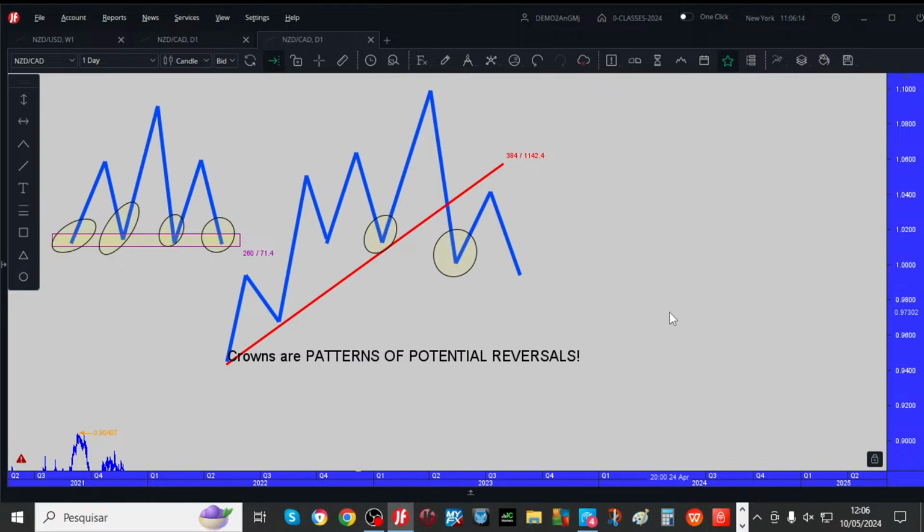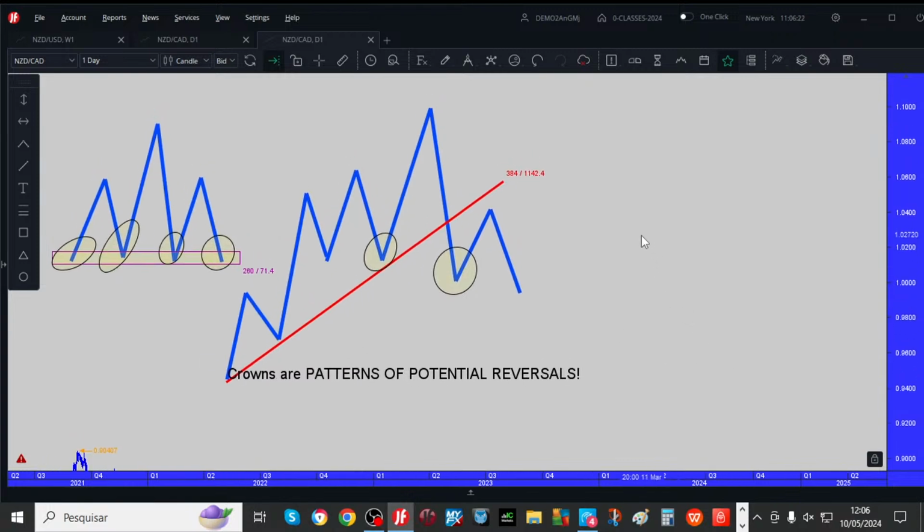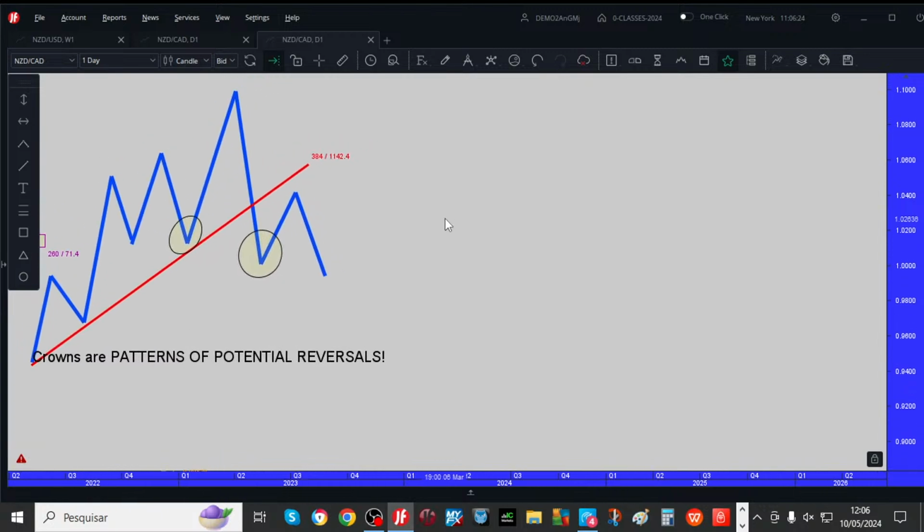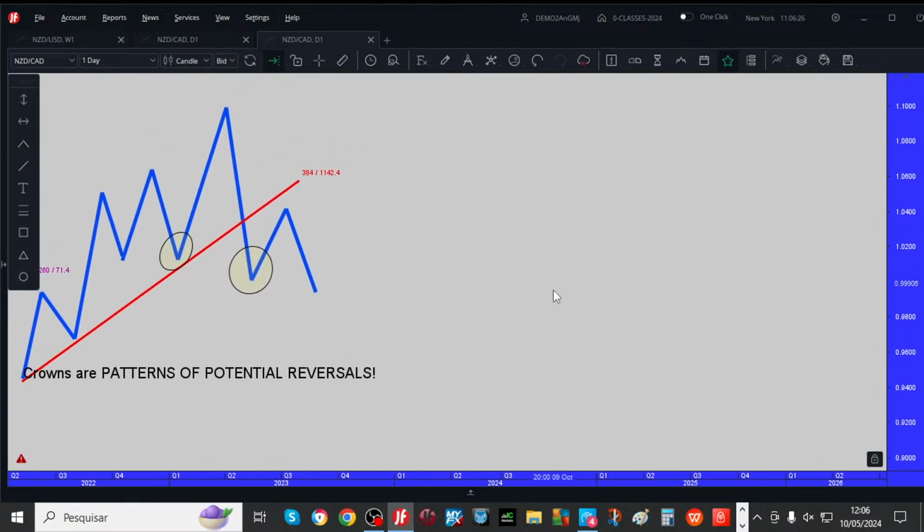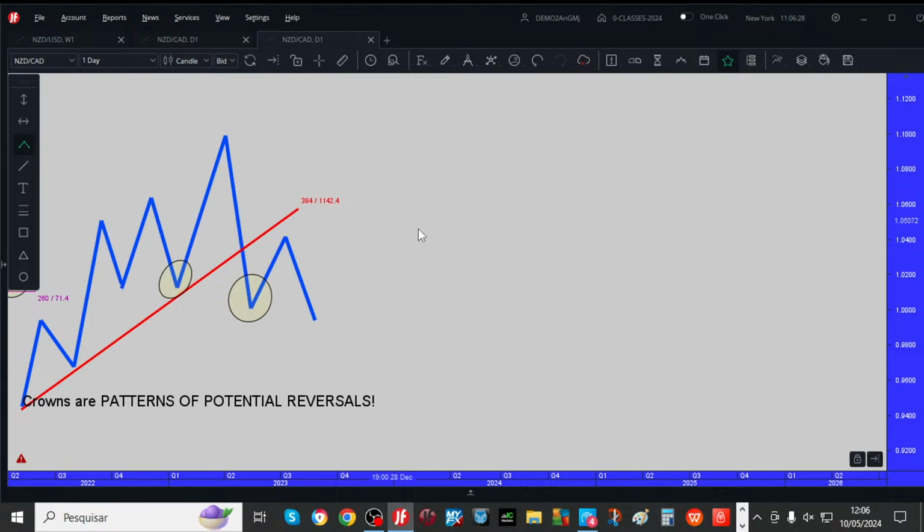All right, this is maybe the most important thing and the best thing you're going to learn about crowns. Crowns are patterns of potential reversals. So when you are trading an uptrend, now listen to me, we are almost ending Forex course 101.